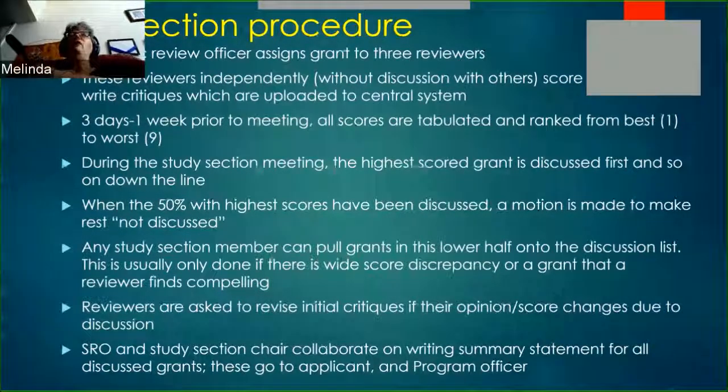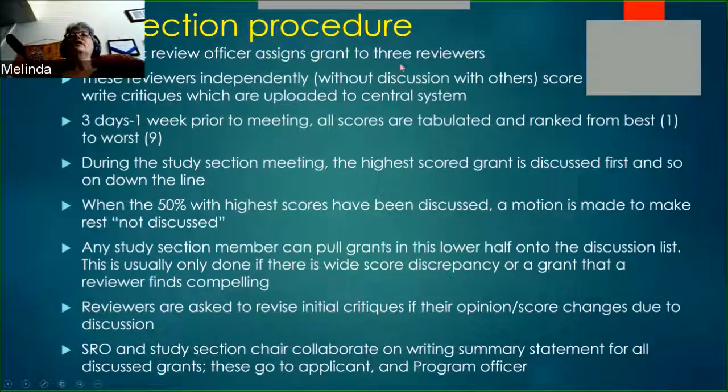The scientific review officer assigns all incoming grants to 3 reviewers. These reviewers are assigned the roles of primary reviewer, secondary reviewer, and tertiary reviewer. The primary and secondary reviewers have to write a full NIH grant review. The tertiary reviewer can write a 1-paragraph summary of the grant.